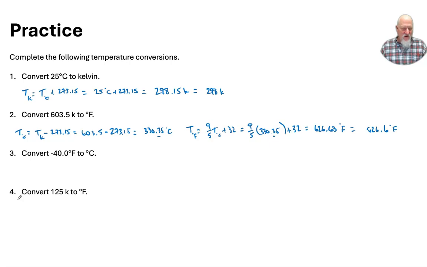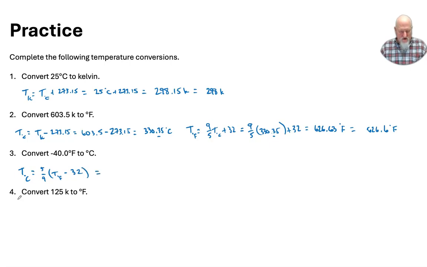Okay, convert -40 Fahrenheit to Celsius. So I want to go to Celsius. So temperature in Celsius is equal to 5/9 times the temperature in Fahrenheit minus 32.